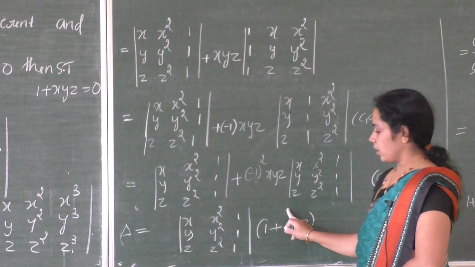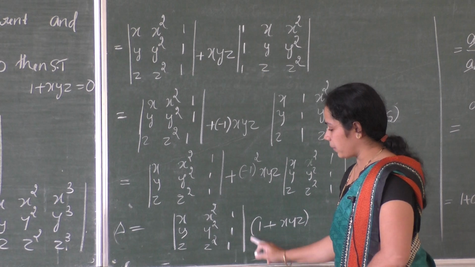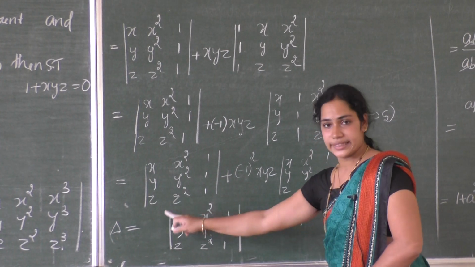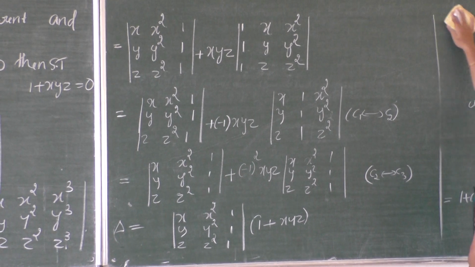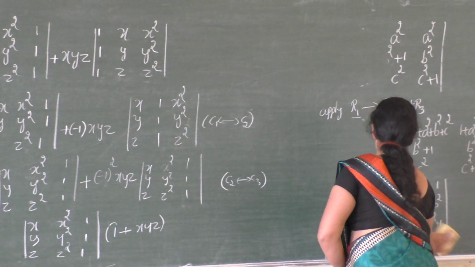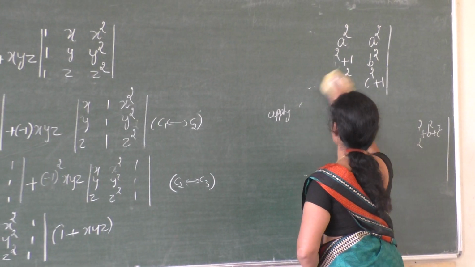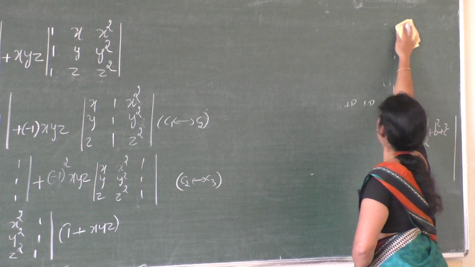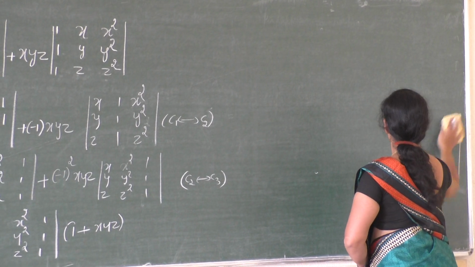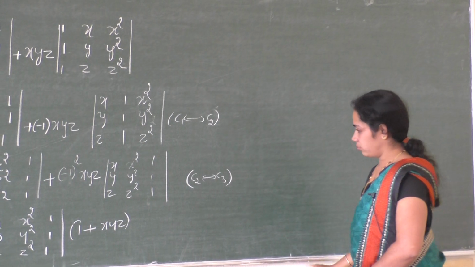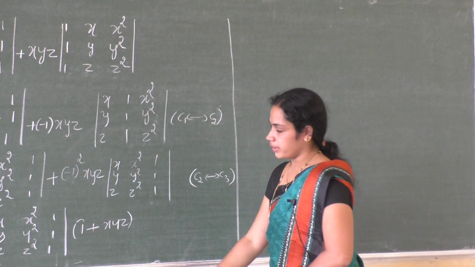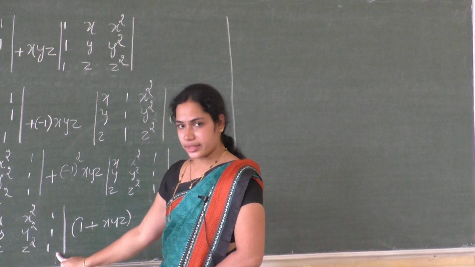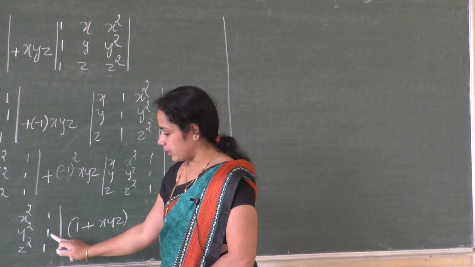See, now we need to apply the operation for this value. Now the third column contains 1, 1, 1.